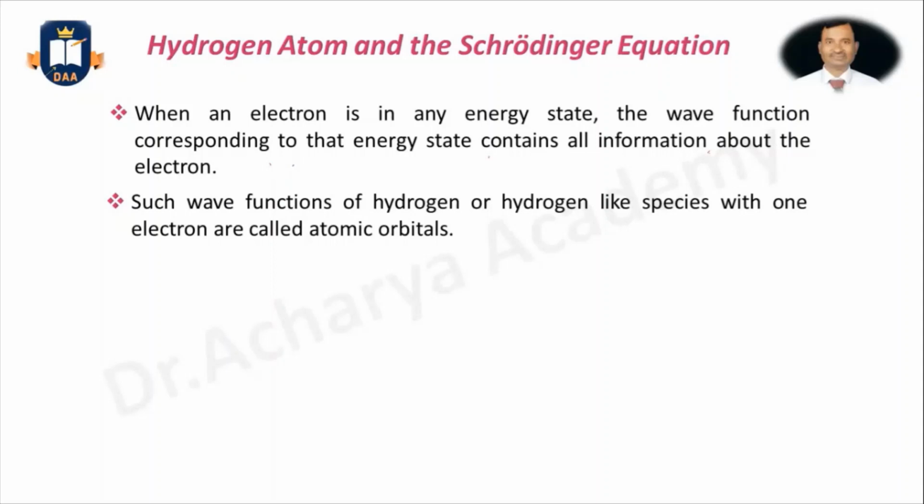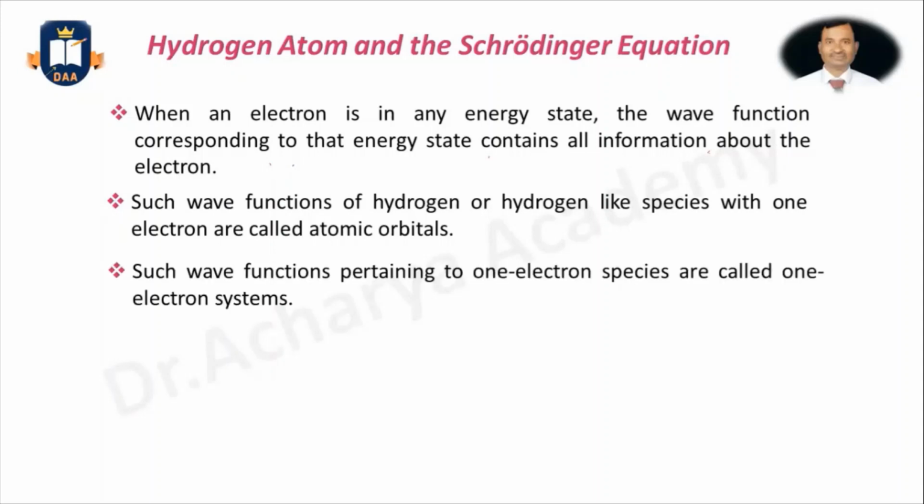So He plus is called a hydrogen-like species. Like that, some other species are also there. And such wave functions are called atomic orbitals, pertaining to one electron systems.